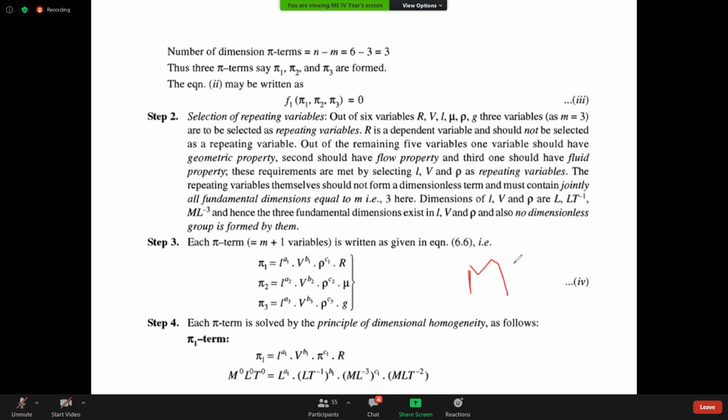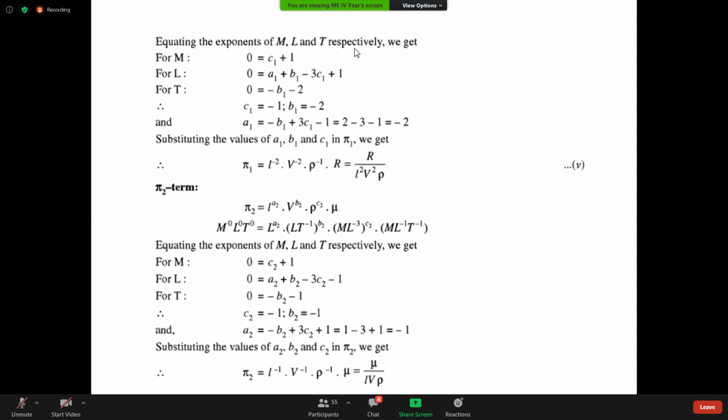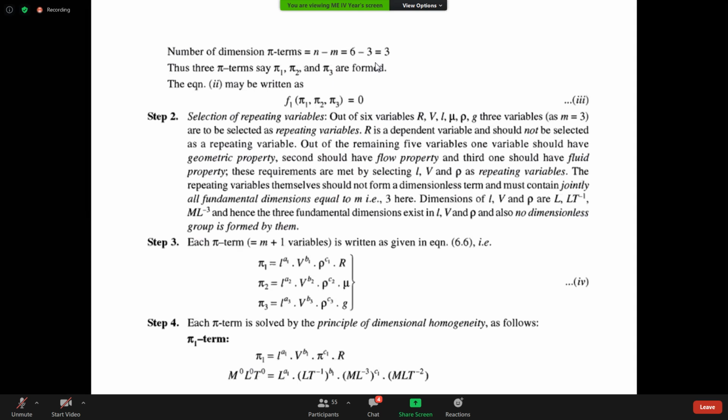That's the way you have to calculate one constant. Suppose you do the calculation for M, you will get like this. Again, you have to do it for L, and you have to do it for T. In this equation, if you observe, this is what I have done for L again. L power 0 on the left side, A1 plus B1 minus 3C1 plus 1.